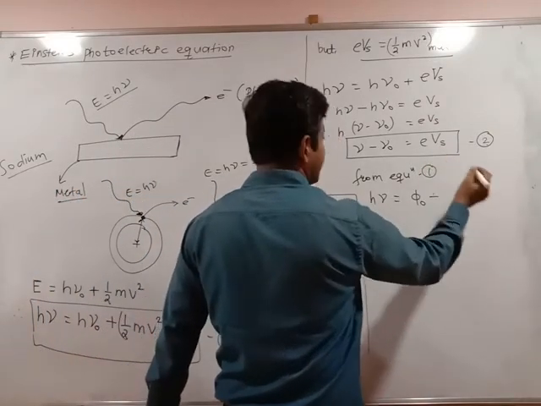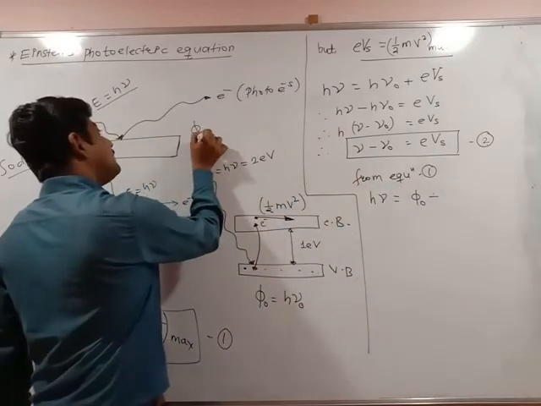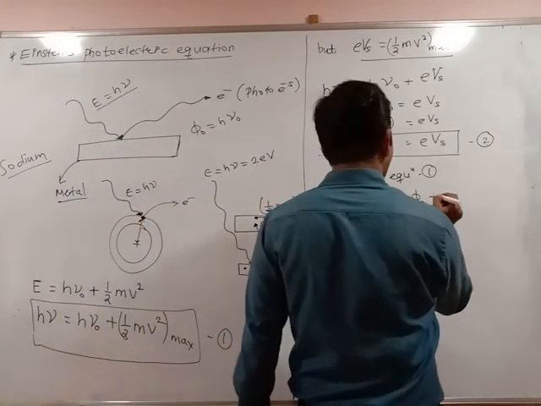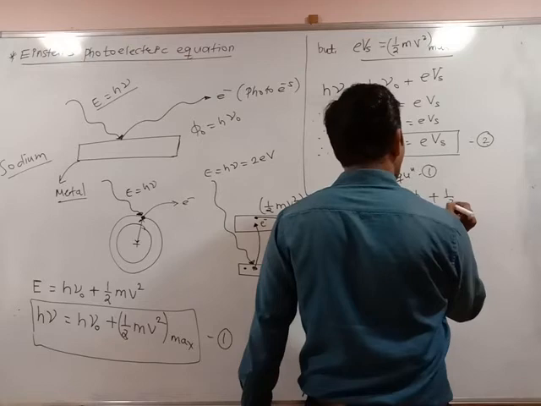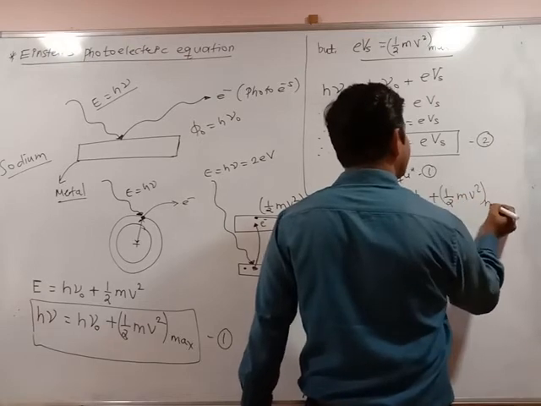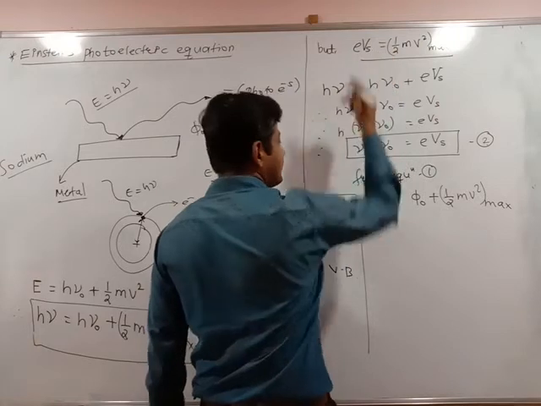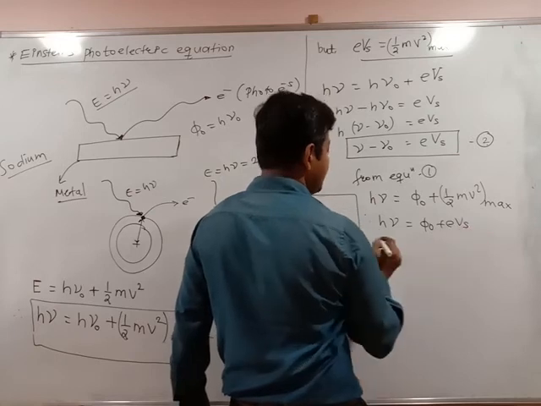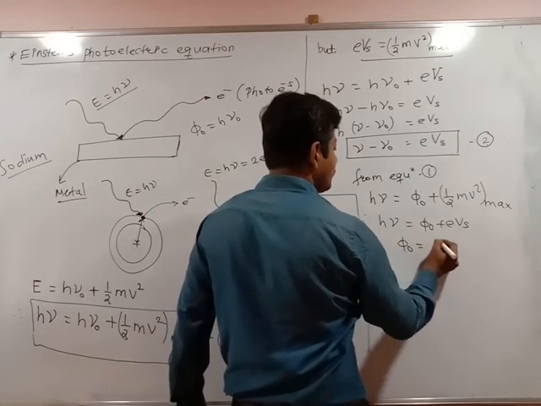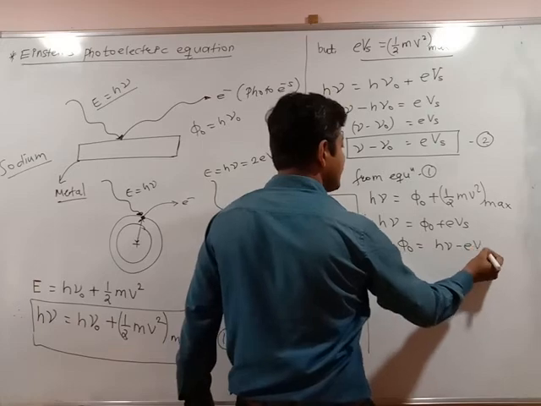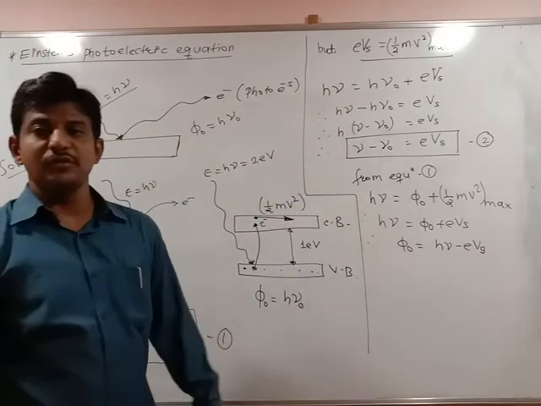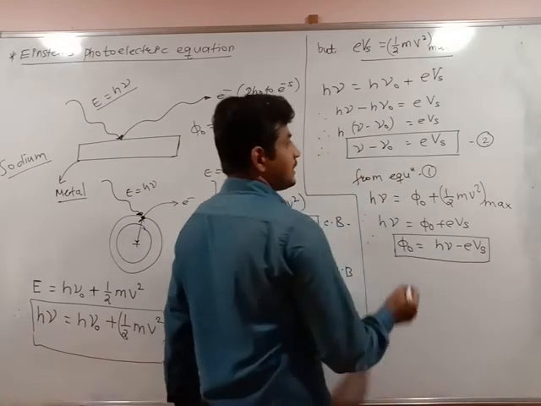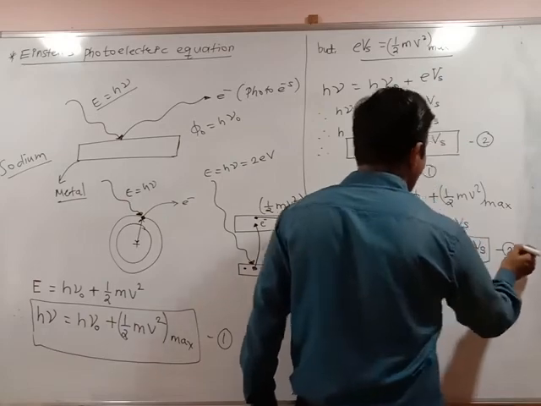Phi 0 was h nu 0, right? Okay, so phi 0 plus 1/2 mv square max, but if you put the value of 1/2 mv square max as eVs, then h nu is equal to phi 0 plus eVs. Therefore phi 0 is equal to h nu minus eVs. Again, this is Einstein's photoelectric equation in terms of work function.